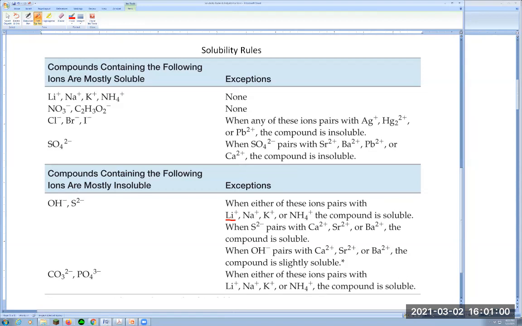However, we can find the carbonate here, and it's part of the mostly insoluble compounds. So let's look at the exceptions. Is calcium among them? When either of these ions, carbonate or phosphate, pairs with lithium, sodium, potassium, or ammonium, the compound is soluble. There is no calcium listed there. So that means calcium is not an exception, and that means it's going to be mostly insoluble.